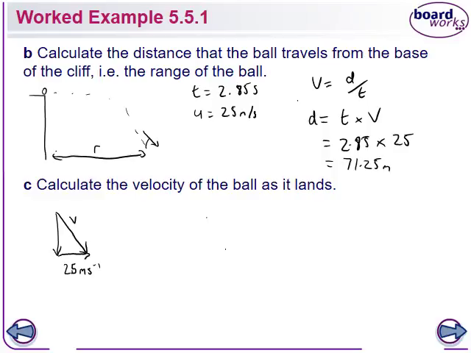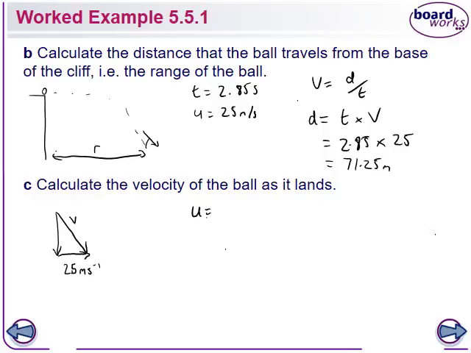To work out the vertical component, we have an acceleration, but it is constant. So we can use our SUVAT equations. That's just the same as our starting conditions that we did on the previous slide, except instead of solving for T, we're solving for V. So let's look at what we know and what we want to know.